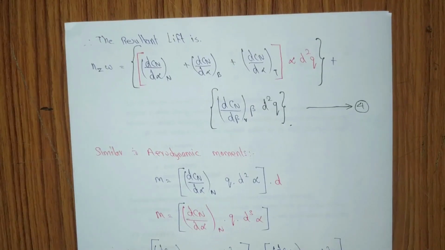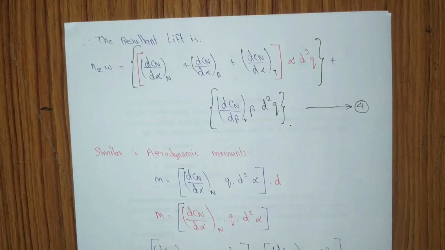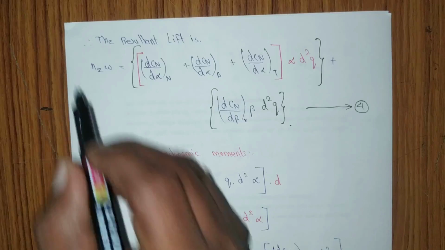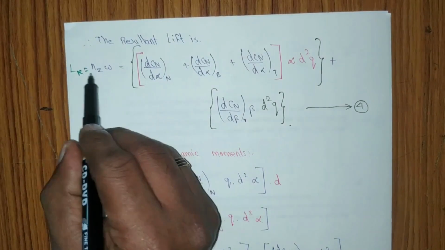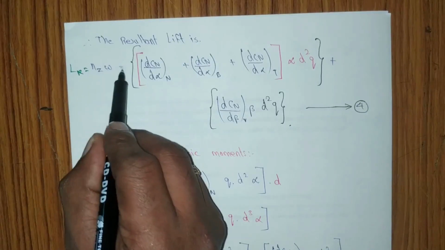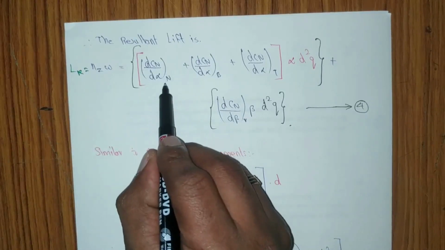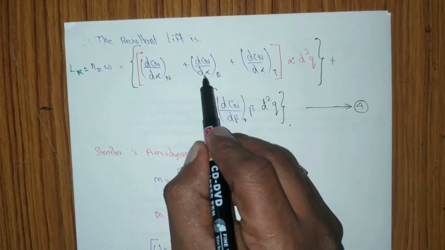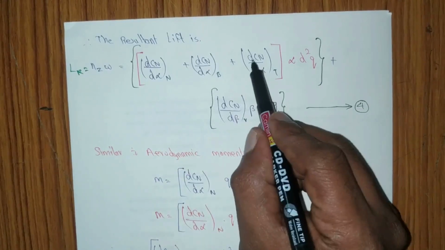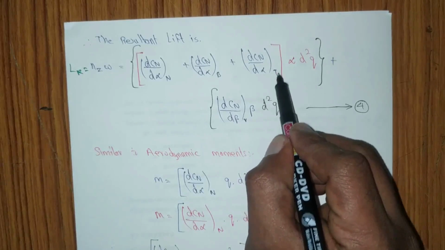Now we have to find out the resultant lift so far identified. As we said earlier, LR is equal to NZ into W. So the resultant lift, NZ into W, is equal to dCn by d alpha for nose, dCn by d alpha for body, dCn by d alpha for tail.